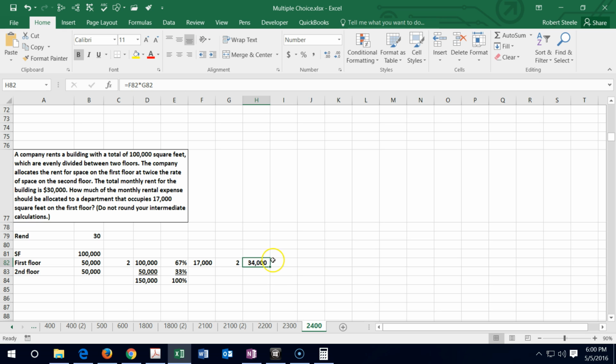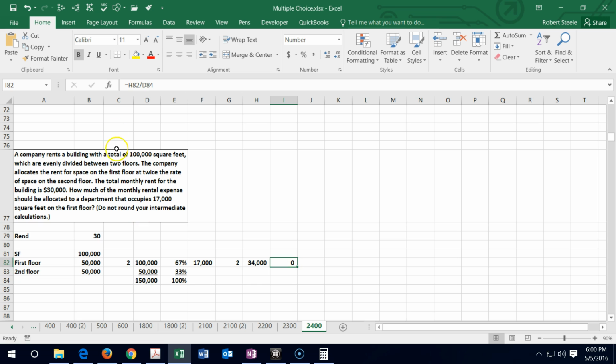So now we need to take the ratio of the 34 divided by the total square footage. So we took the square footage that was there, and we doubled it to fit within our calculation for our ratios to double weight the first floor. And then we're going to take the 34,000 that is this one piece of the first floor divided by the total square footage.